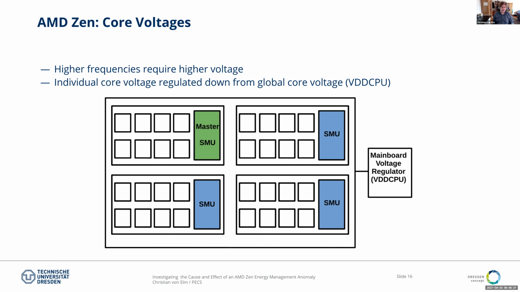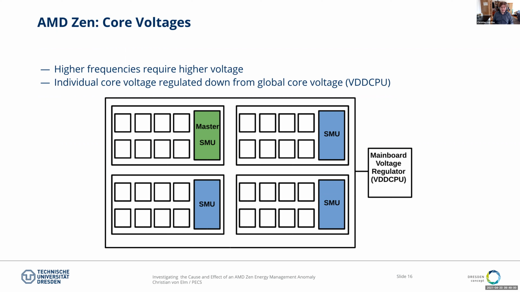The process of managing frequency and voltage works as follows. Every NUMA node has its own system management unit, SMU for short, which controls voltage and frequency for its associated cores.